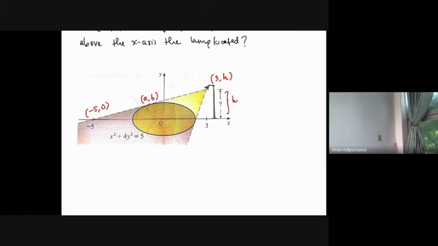You can use implicit differentiation, get the gradient, and check the gradient with any value from this point here. And you can also check with the gradient from the tangent. So H over 8, right? The tangent is y over x. You can also check with that.